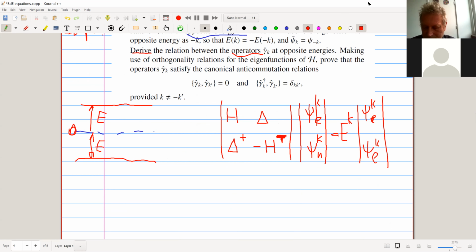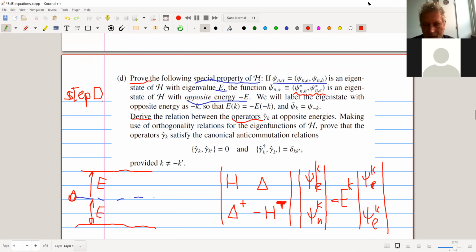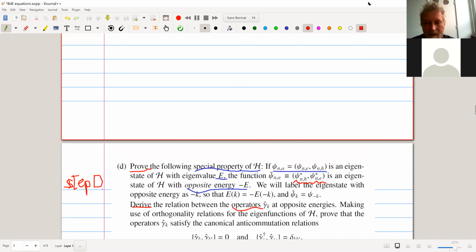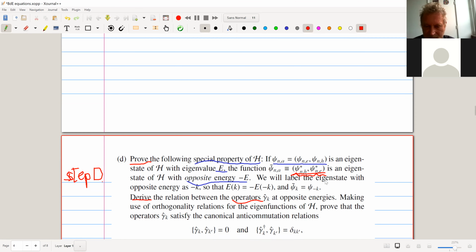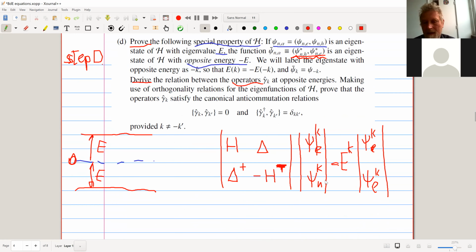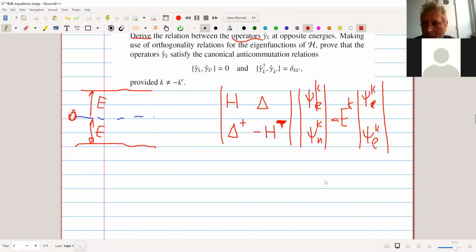One wants to check if this eigenvector corresponds to opposite energy. Let's see how I can do it fast.